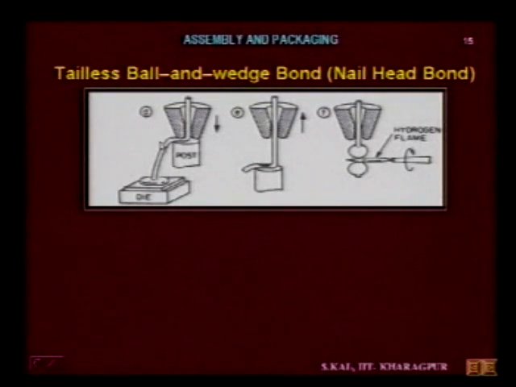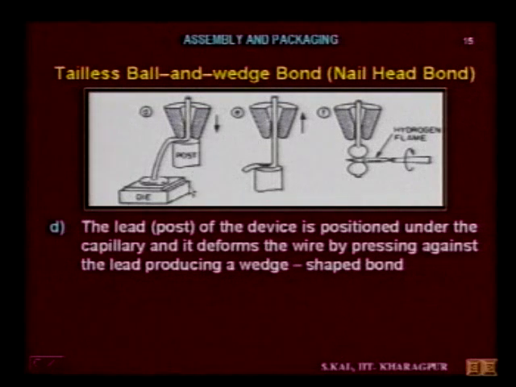So this is the fourth sequence, and here the lead or post of the device is positioned under the capillary. So this loop is formed, then the post is brought under the capillary. This is the capillary.